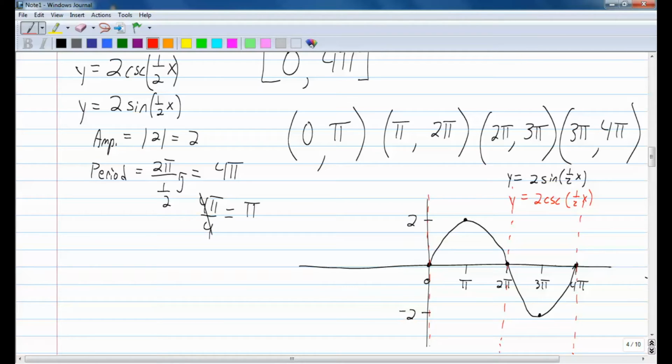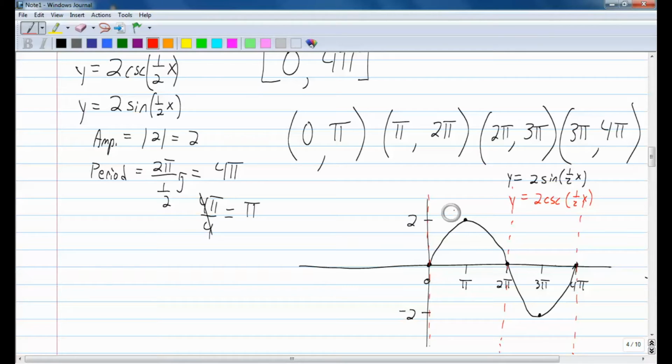Remember the range for sine. If this would have just been sine of x, the range would be between -1 and 1. Since it's 2 sine of 1/2 x, the range is between -2 and 2. The range for cosecant, remember, is everything greater than or equal to 1 and less than or equal to -1.